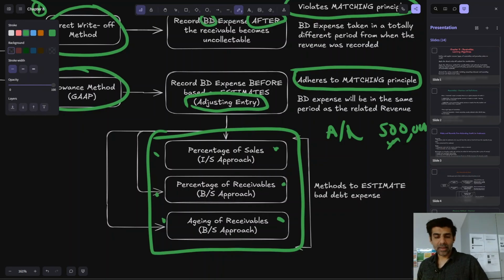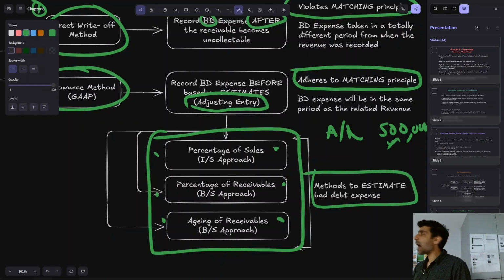But they're all getting at the idea of how much bad debt expense we should take as an adjusting entry. They're all allowance method, because the allowance method is basically having to take an adjusting entry in the first place. But how much bad debt expense should we take? That's going to be determined by which of these three methods we use.